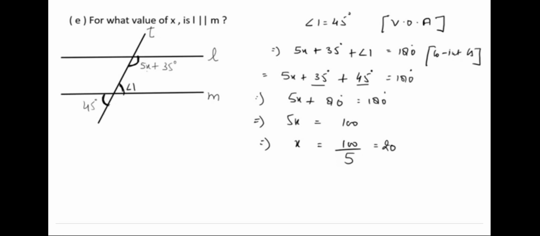So we can say 5x plus 35 plus angle 1 is equal to 180 degree, co-interior angles, because L parallel M. Now we will solve this. 5x plus 35 plus 45 is equal to 180 degree. This implies 5x plus 80 degree is equal to 180 degree. This implies 5x equal to 100 and x is equal to 20 degree. Is it clear, students?